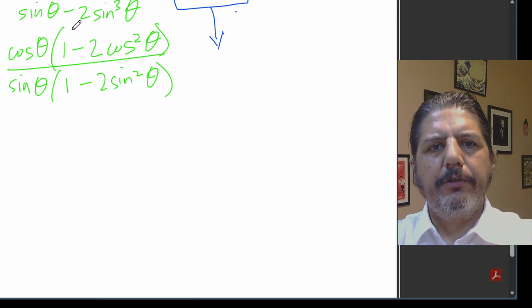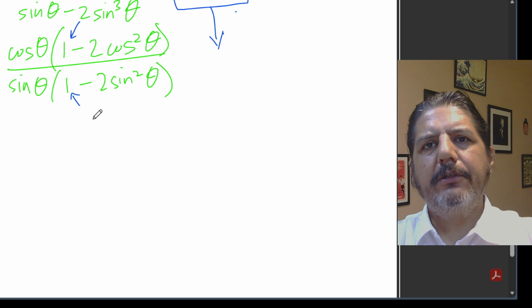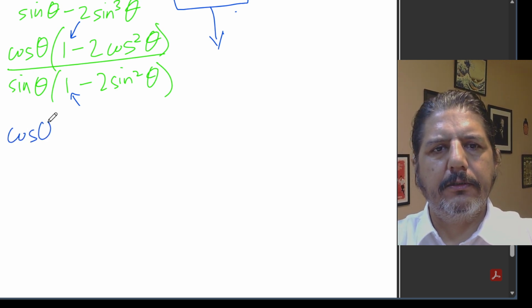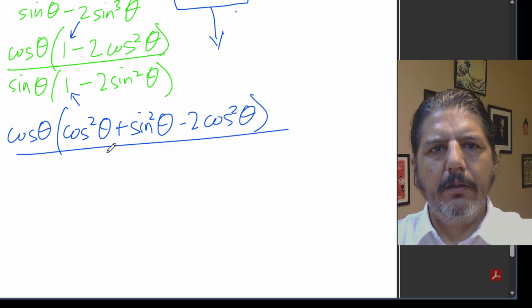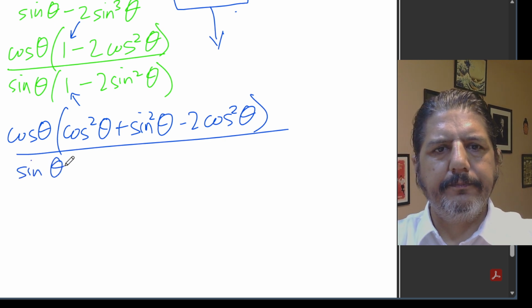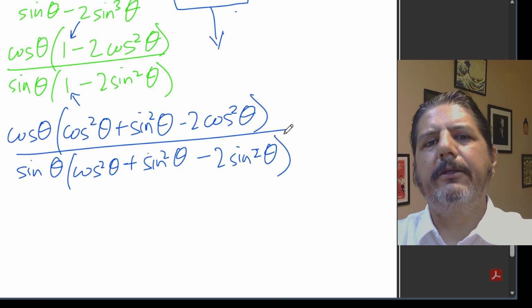So now, in the numerator, I will write this 1 as sin square theta plus cos square theta, cos theta, minus 2 cos square theta, on sin theta, and in the denominator, cos square theta plus sin square theta minus 2 sin square theta.